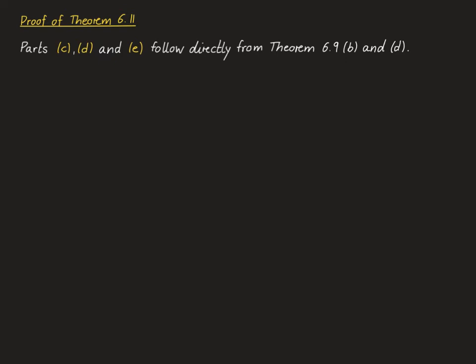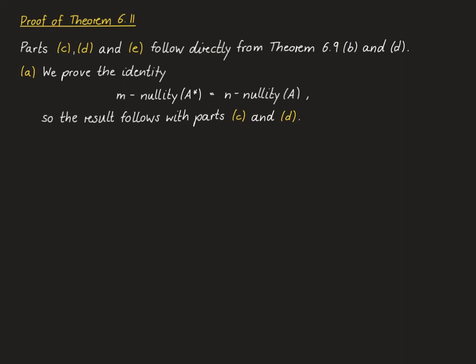For the proof of theorem 6.11, we start with the easy parts, which are parts C, D, and E that follow directly from theorem 6.9, parts B and D. For part A, we prove the identity that m minus the nullity of A star equals n minus the nullity of A, so the result follows immediately by observing parts C and D, which we have already proven.